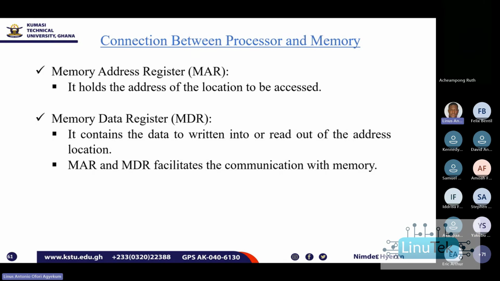And then the memory data register contains the data to be written into or read out of the address location. Now the MAR and the MDR, the memory address register and the memory data register, help facilitate communication with the memory.